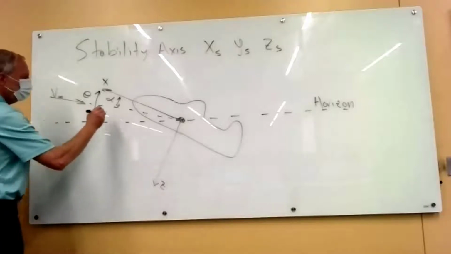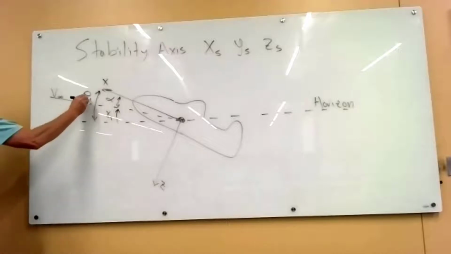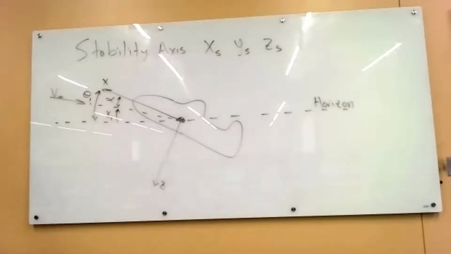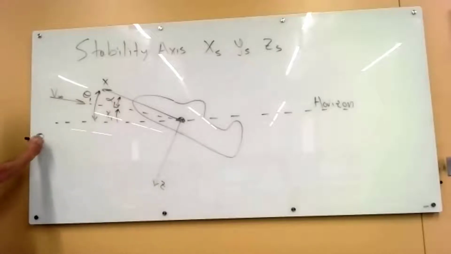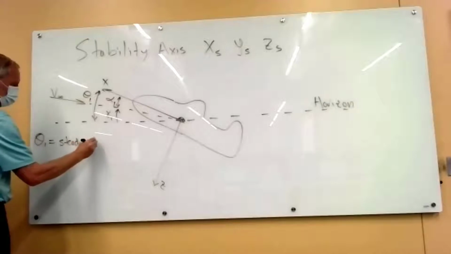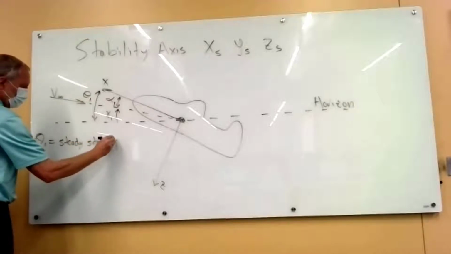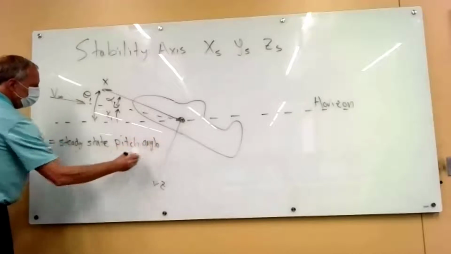And then this is what we call the flight path angle. Oh, and we put the 1 on it because it's steady state. So make sure you put a 1 on it. I forgot. So theta 1 is the steady state pitch angle.